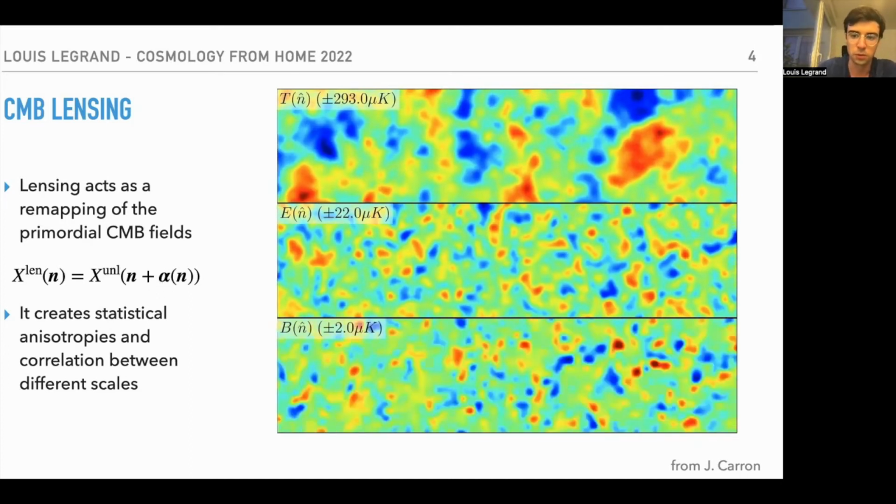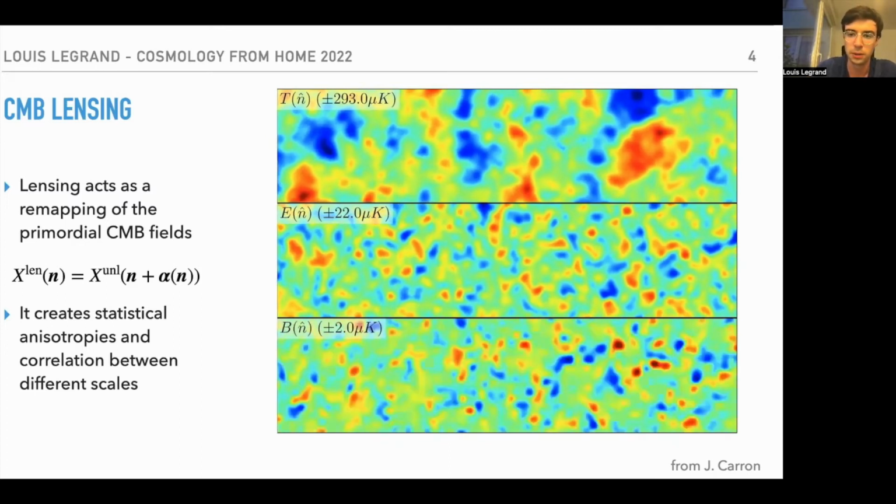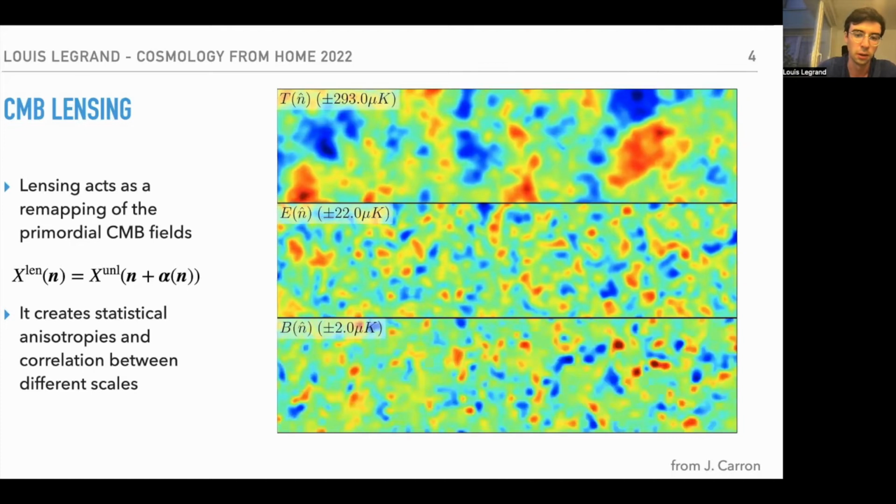If I shift between the unlensed field and the lensed field, you can see that it is moving the temperature and the polarization E modes, and it is creating B modes. So in fact, the lensing will change some E modes into B modes. This lensing creates statistical anisotropies and will correlate different scales that are normally not correlated in the CMB.